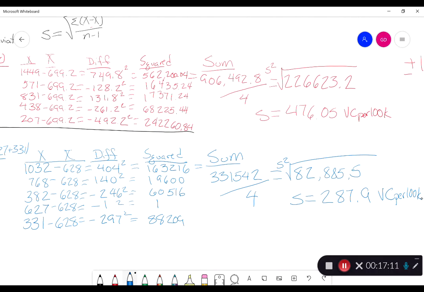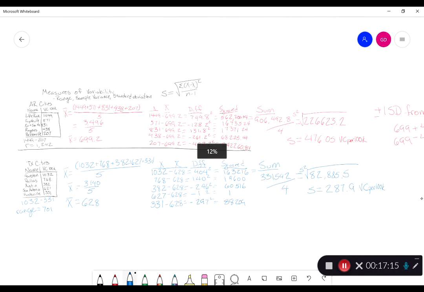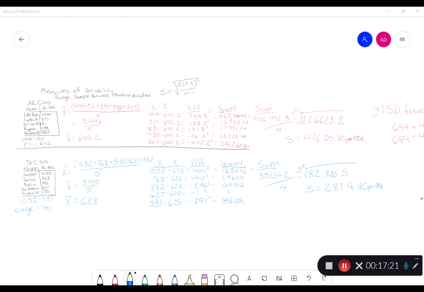So now if we want to take a look at both of them, we have Arkansas cities and Texas cities. We have the standard deviation for both. We have the mean. The key takeaway is typically when you have a lower standard deviation value, it means their values are closer to the mean itself. When you have a large standard deviation, there's more variability from the mean itself.